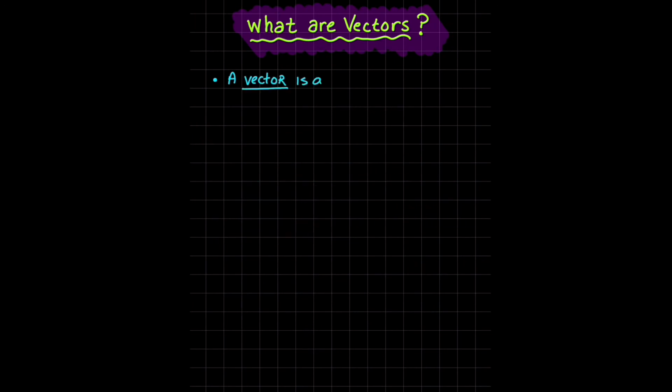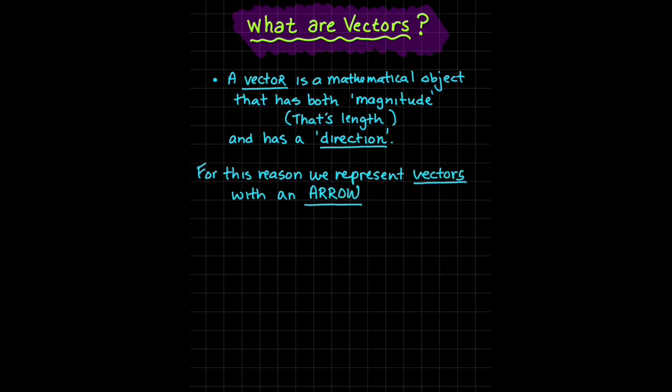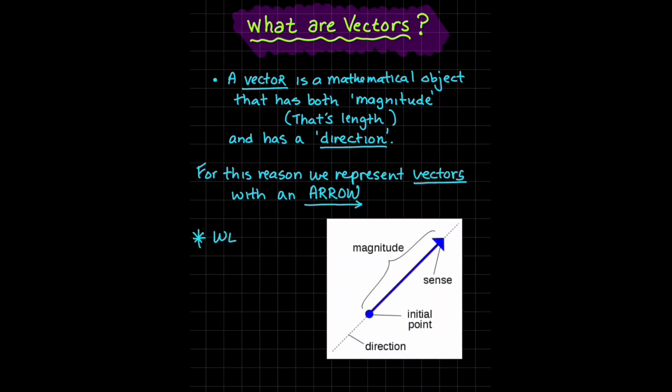So vectors are these mathematical objects that have both magnitude, that's length, and direction. For this reason, we're going to represent vectors with an arrow. You might be familiar with this sort of notation: an initial point and a terminal point.